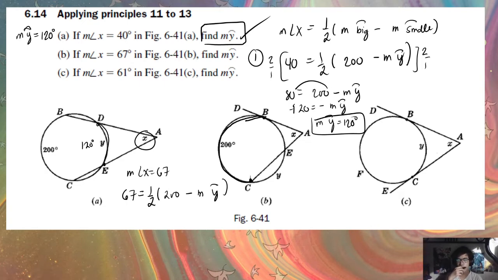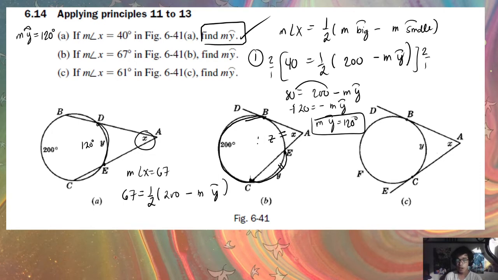For this problem, if we're trying to solve for the value of this arc, first we need to solve for the measurement of this other arc. We can name it z, and we already know the value of z.